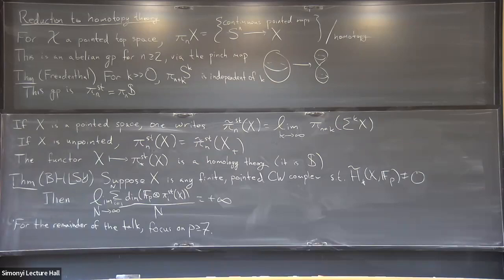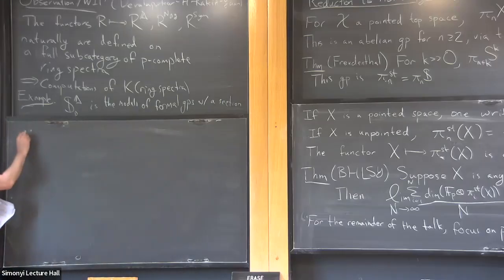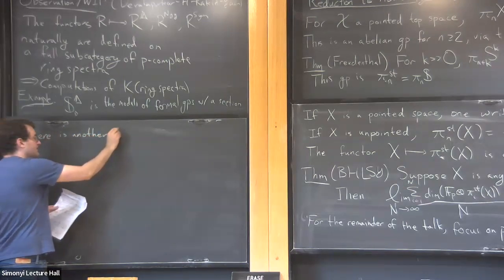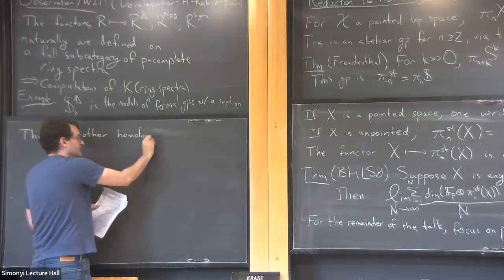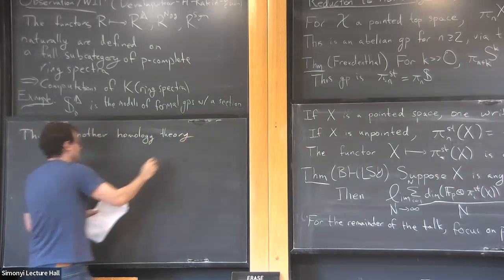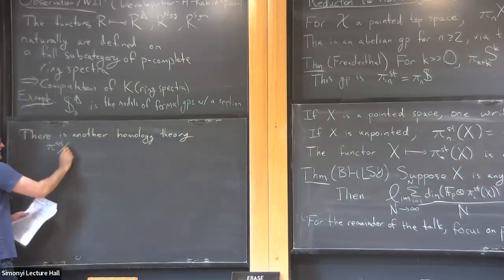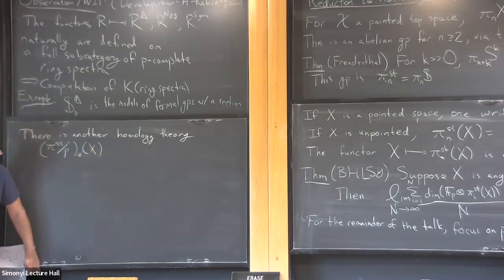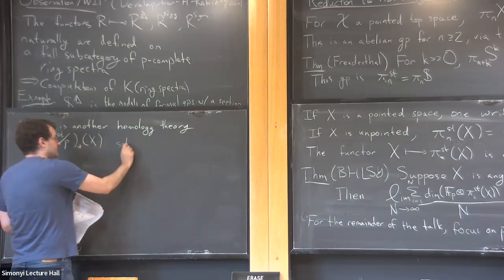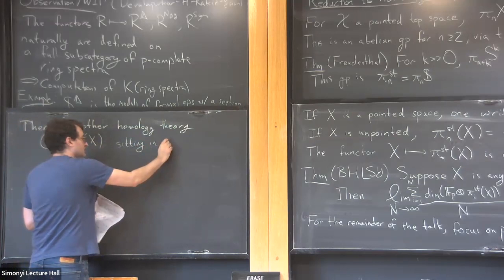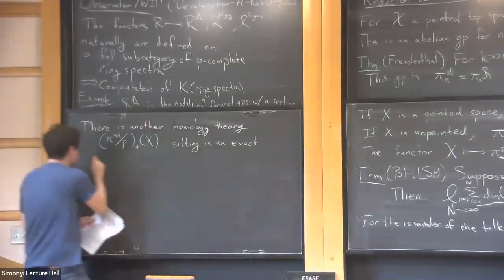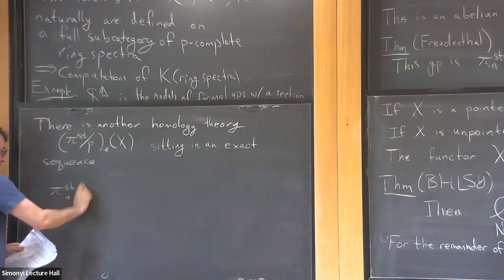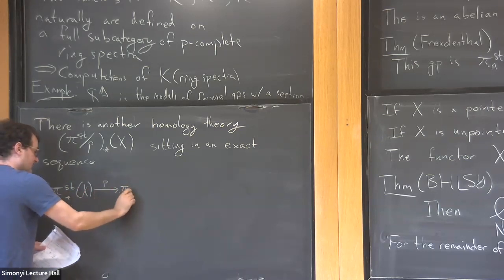So there's a sort of way of saying that very cleanly, which is to study a related but slightly different homology theory. There's another homology theory, or spectrum, if you like, which is called the mod p stable homotopy, evaluated on the space. And it's defined to sit in an exact sequence. Any abelian group has a multiplication by p map.